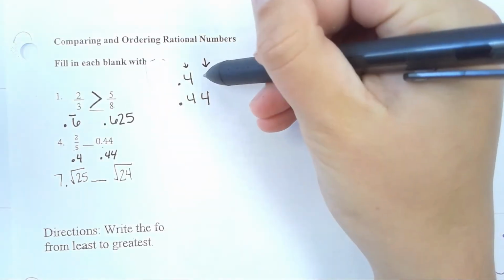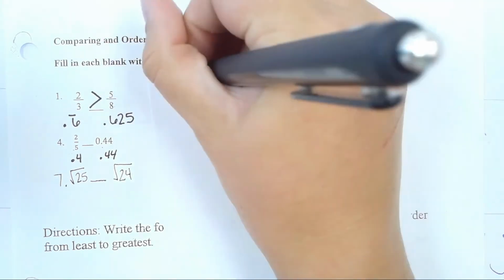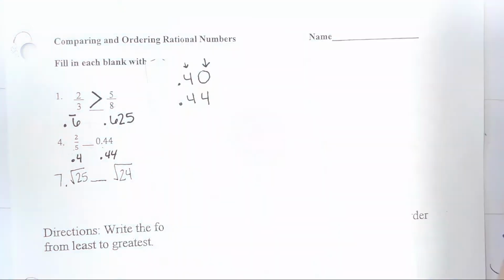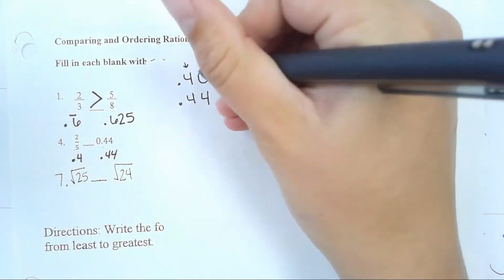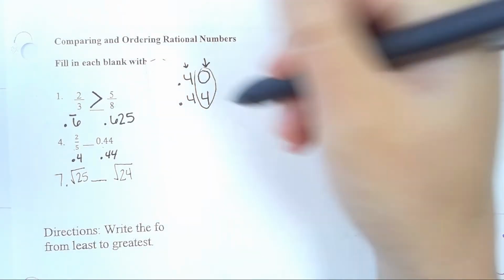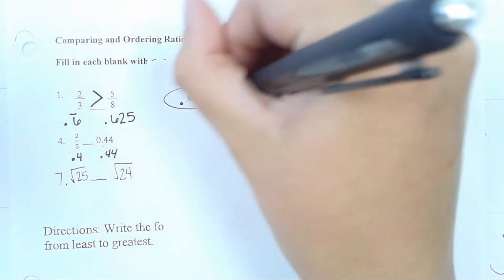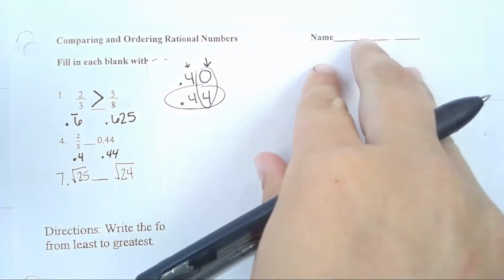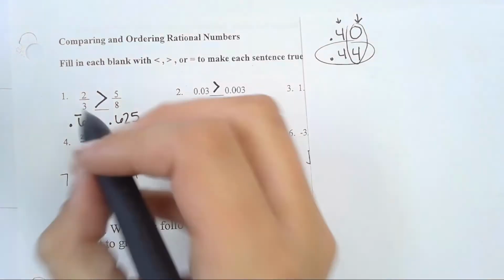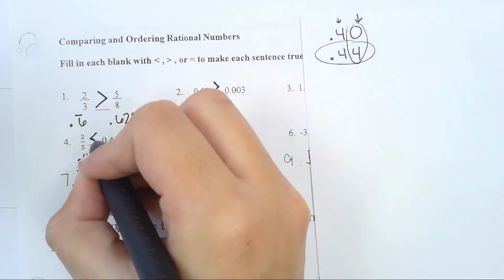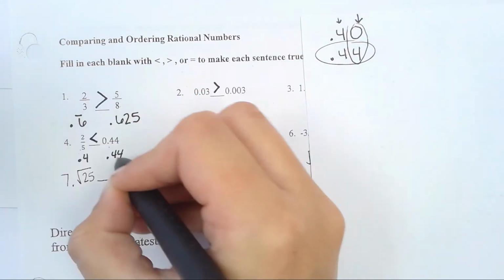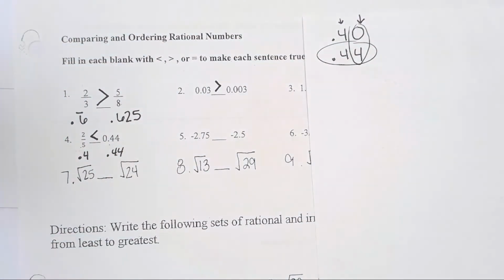If there is an empty space, you can always fill in a 0 because 0.4 is the same thing as 0.40. So that now you guys can figure out, oh look, 4 is greater than 0, so that means that my 0.44 is going to be my greater than number. So you want your inequality symbol, in this case the less than symbol, that's opening up towards the greater number.